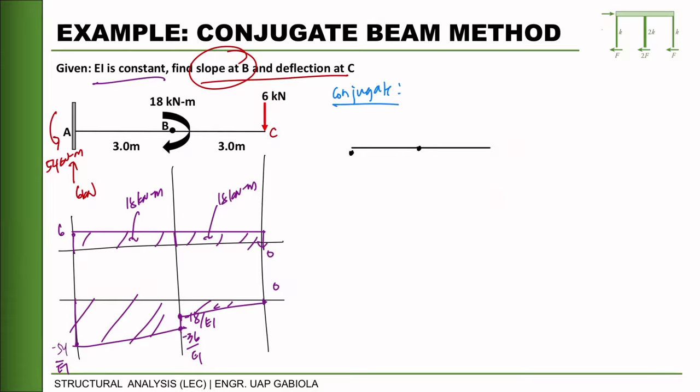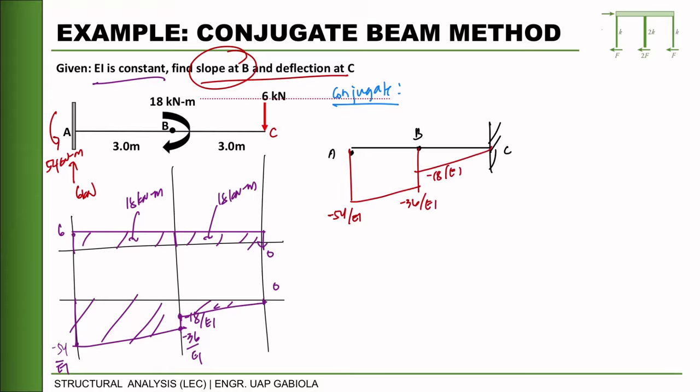Okay, so let's redo this. So this is point A, point B, and point C. And the loading now is a trapezoidal here and a triangle. So 54, negative 36 EI, then negative 18 EI.